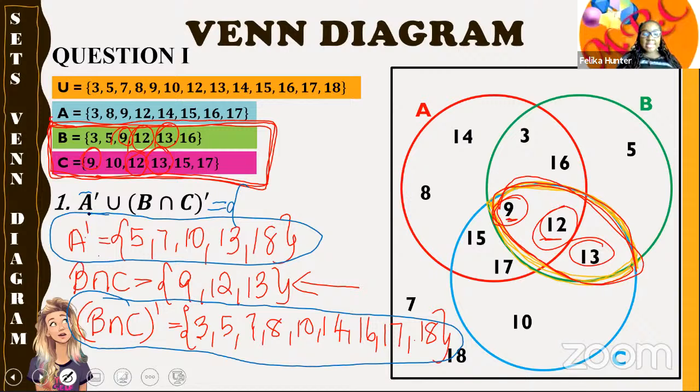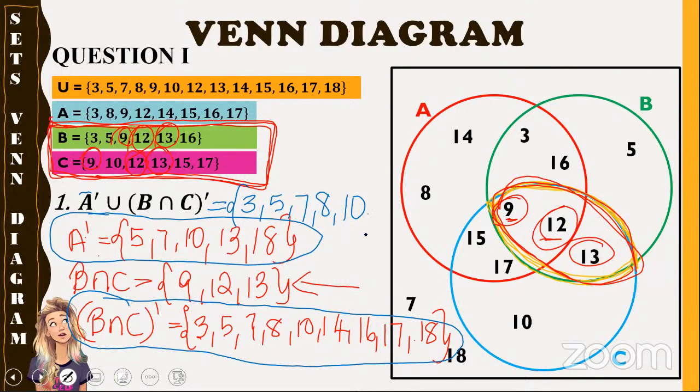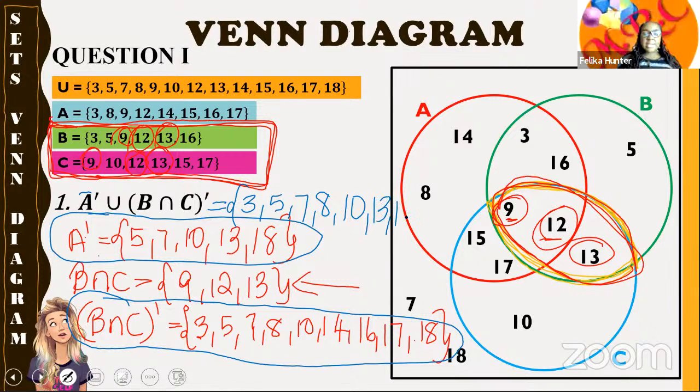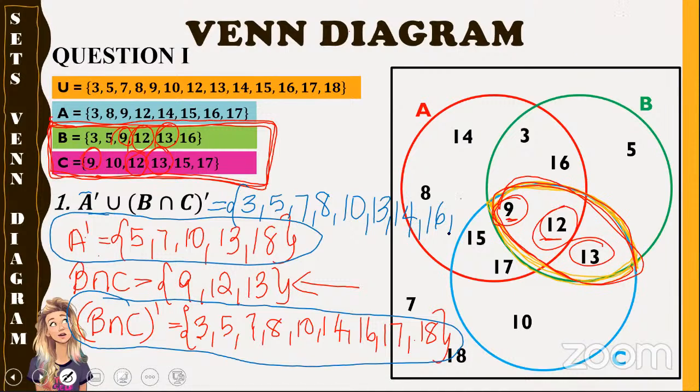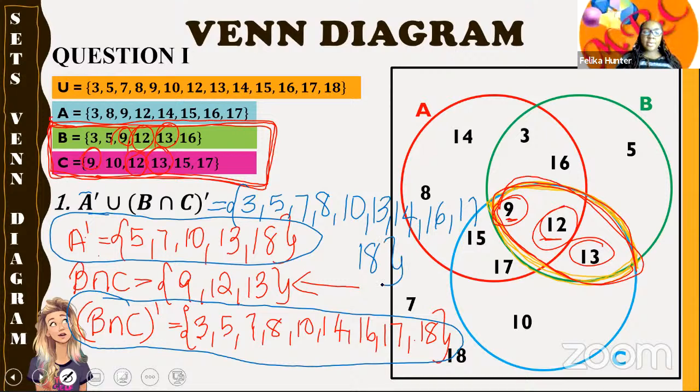So for the first one, I see 3, 5, 7, 8, 10, and the next one, 13, 14, 16, 17, and 18, and the last one would be 18. Write it there.